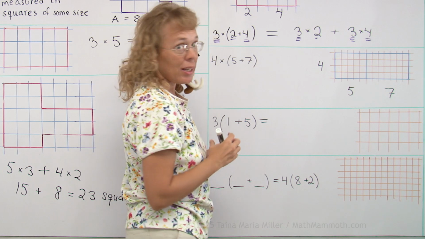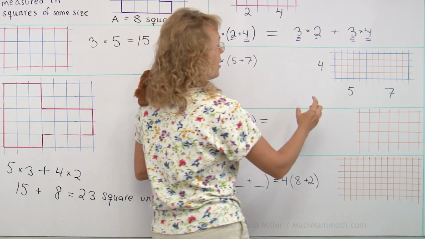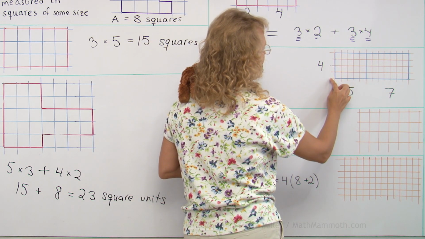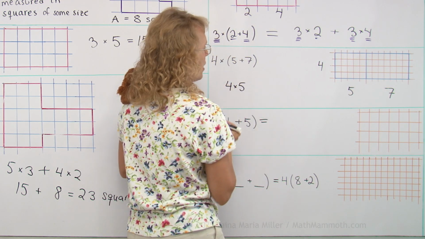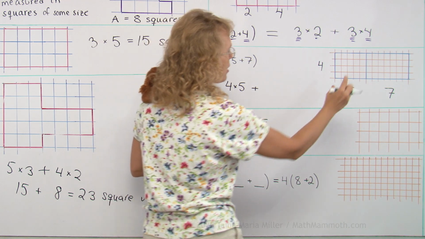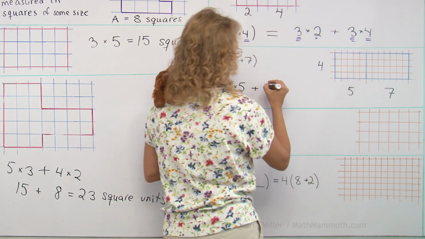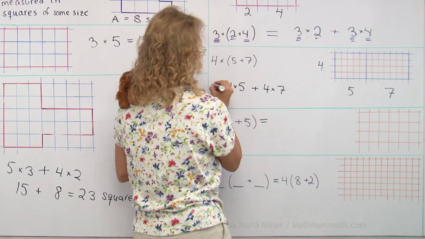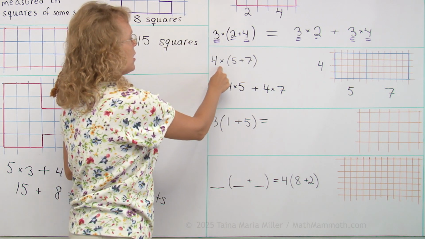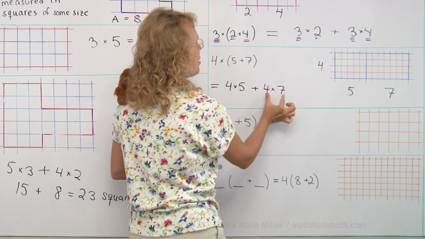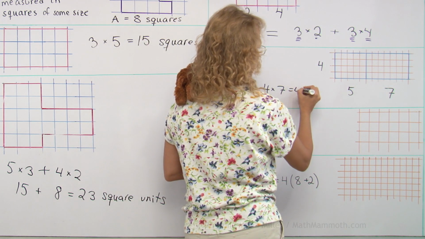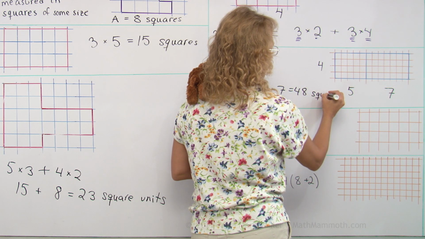And then the other way for the area is that I think of it as two rectangles. Here's a 4 times 5 rectangle. And then I add to that the other rectangle, this 4 times 7 rectangle. Okay? And this equals that. And then I can calculate this 20 plus 28, 48 squares.